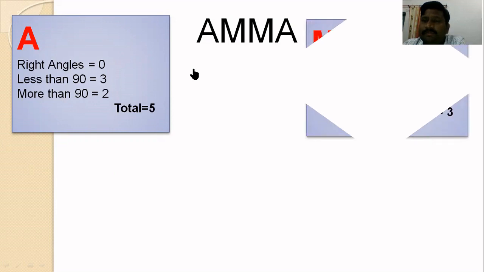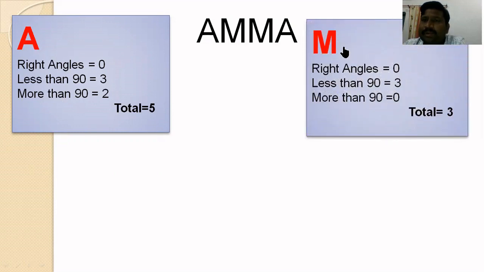Now M. In M, right angles 0. You have seen in the last picture M has right angles, but here no right angle because this is made with a different shape. Okay. So right angles 0, less than 90 is 3: 1, 2, 3.